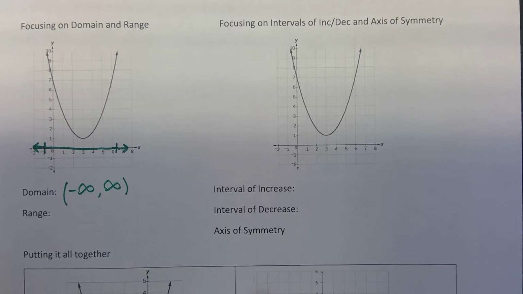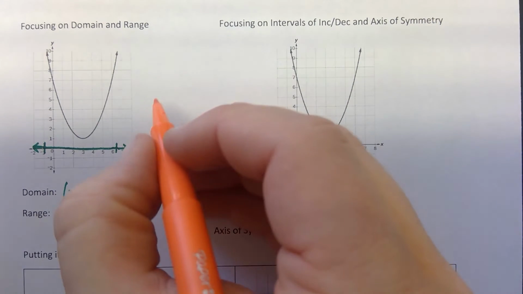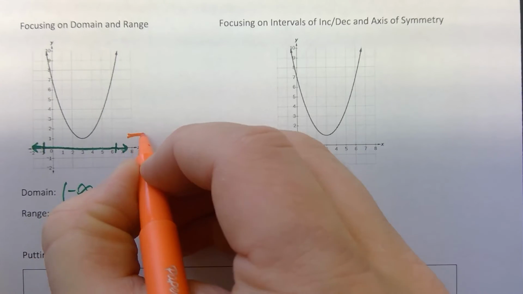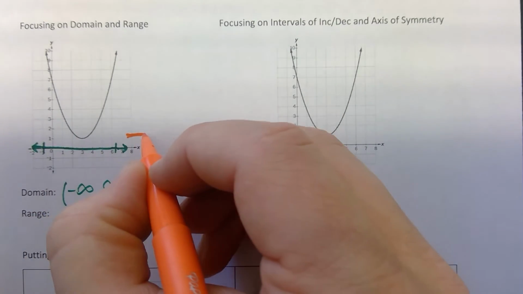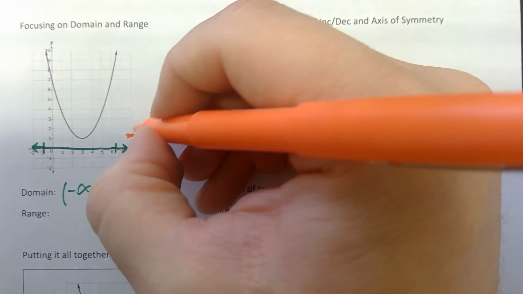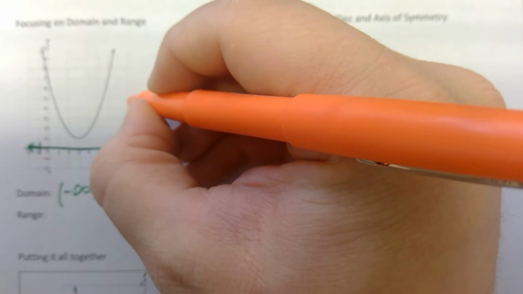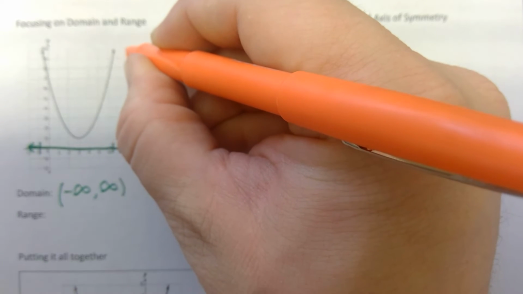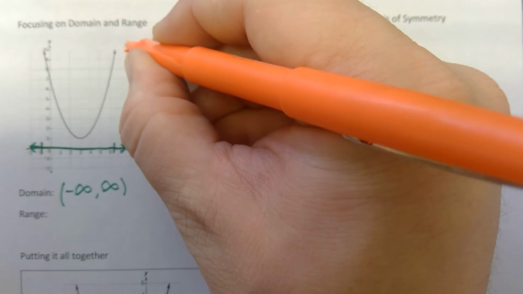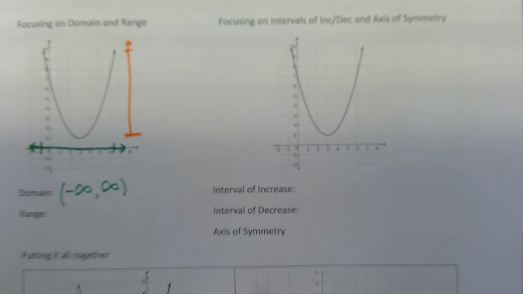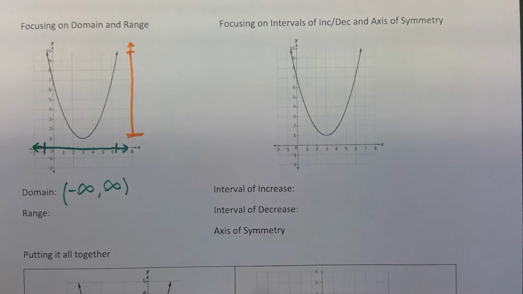Now let's look at our range. So start at the bottom. There's no arrows at the bottom, so I just have a straight line. Now my function's going up, up, up, and it stops going up, but I have an arrow, so we need an arrow on the top. When we talk about range, we always go from bottom to top.